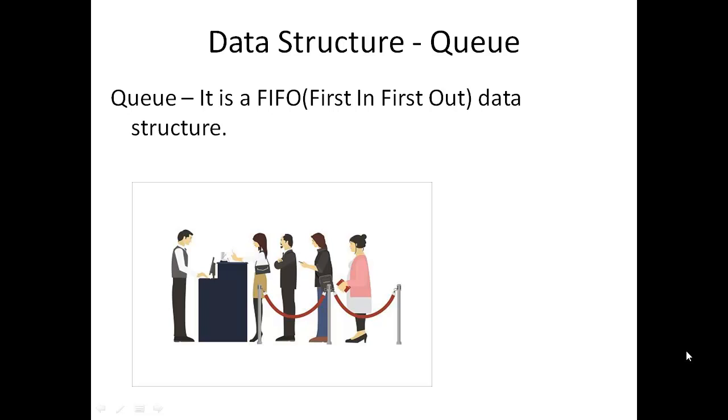So what does that mean? The person or the element that is put into the queue first is the element that will move out of the queue first, right? If you're first in line for billing your groceries, aren't you the first to leave the queue? So that's exactly what a queue data structure is.